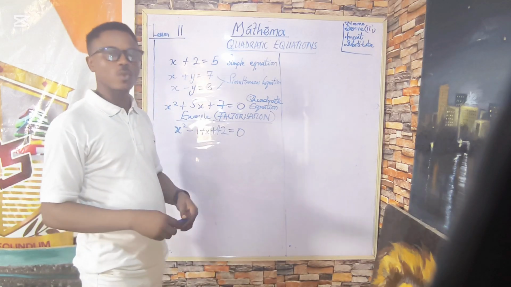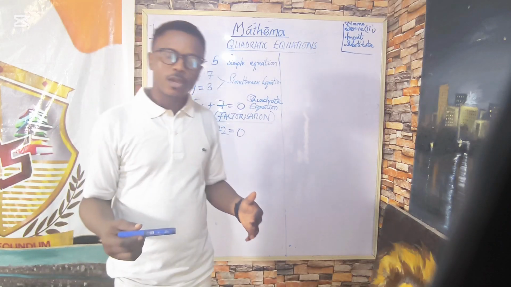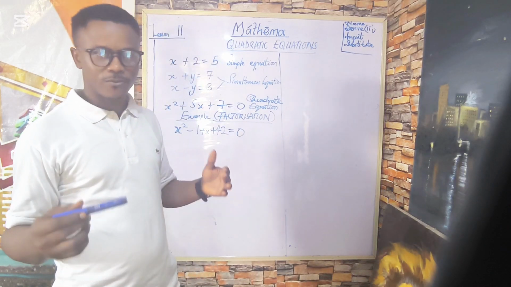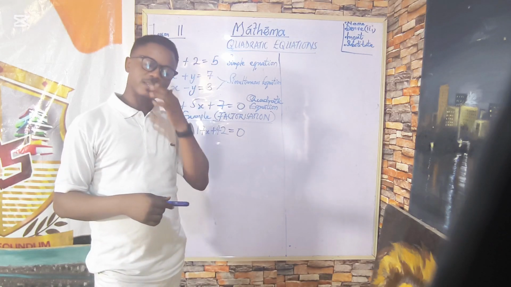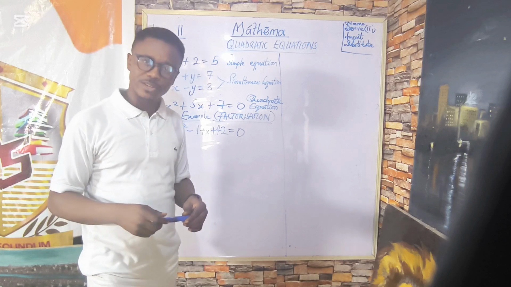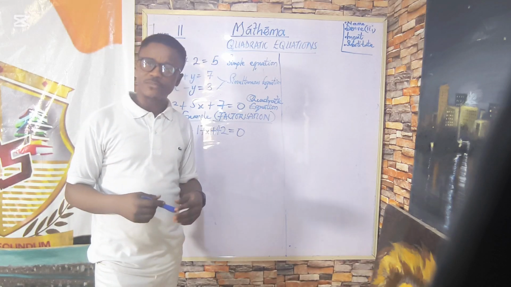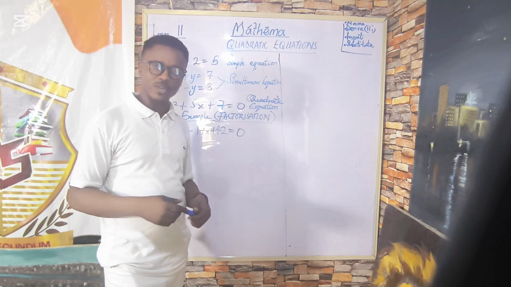So we have x squared here. Before we solve this question, it is important we know that there are four methods of solving quadratic equations. The first being the factorization method, which is what we're going to be using for this particular question.